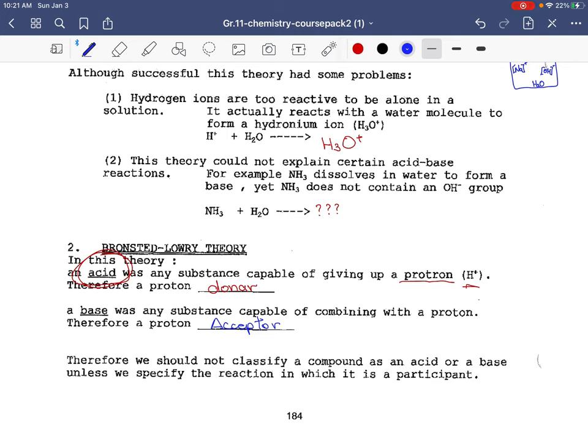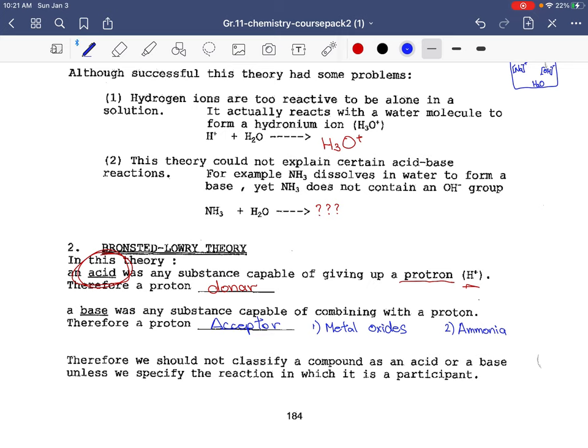Now, I'm going to give you some examples of bases right here. Okay, I want you to write this down. These are popular bases that you need to know. Basically, things that are metal oxides in nature, like calcium oxide, sodium oxide, iron oxides. These are bases. We saw ammonia can also be a base.